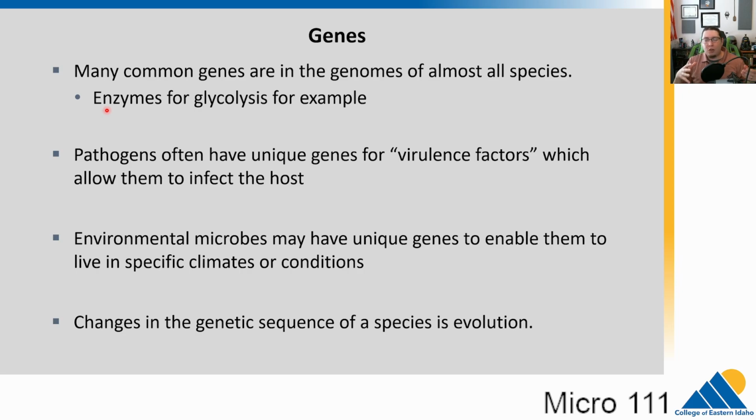You do glycolysis almost identically to a bacteria. And that's because we have a shared evolutionary lineage, right? We all had a common ancestor at one point, and we've evolved and developed different genes, but we still have some of the same genes. The sequences are slightly different, but we still have common genes that do the same thing.